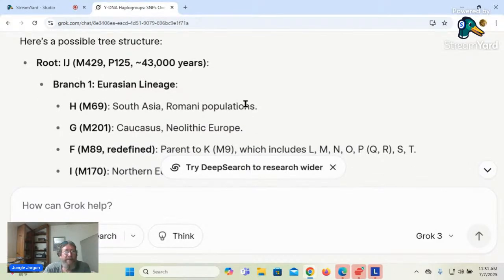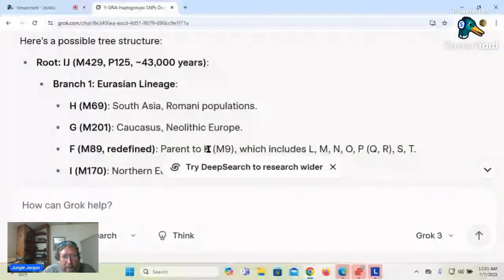Now just what happened to the M89 now? Oh, refined. Okay.